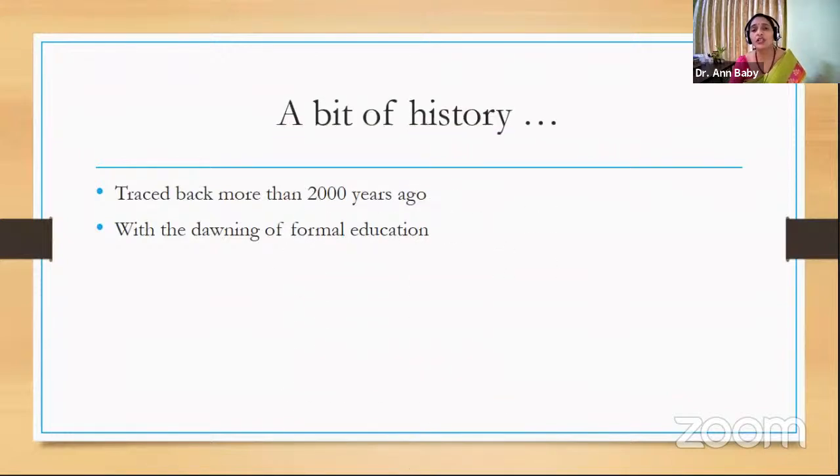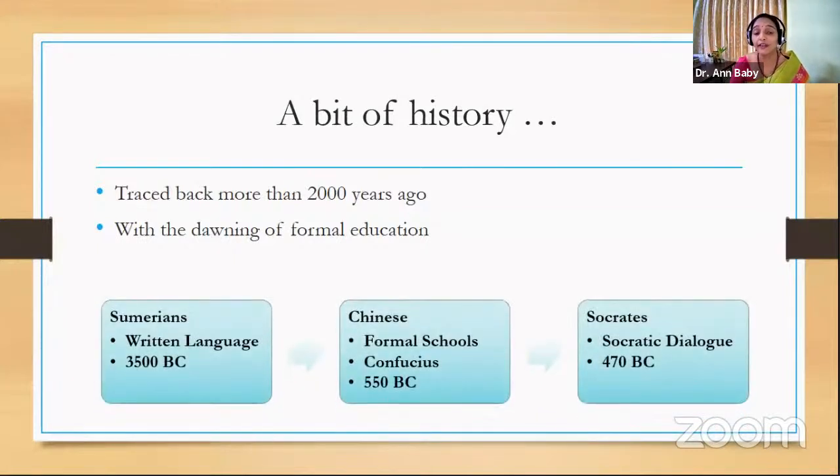Now, if you look into the history of education, it can be traced to more than 3,000 years ago with the Sumerians, when they came out with something called a written language. They started writing on the caves and on parchments back in 3,500 BC. And then after that, the Chinese were the people who came out with the concept of formal schools.